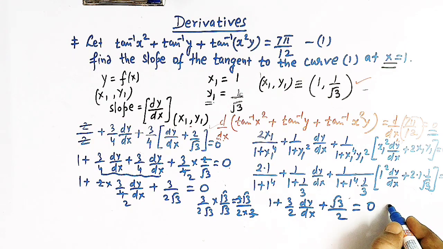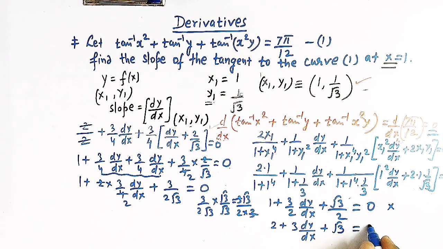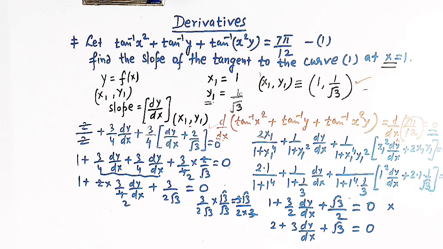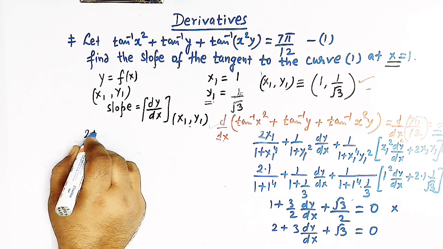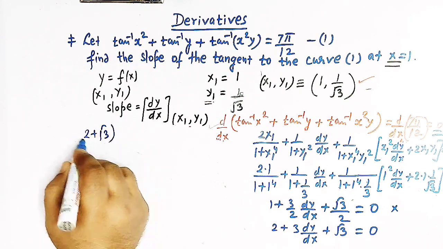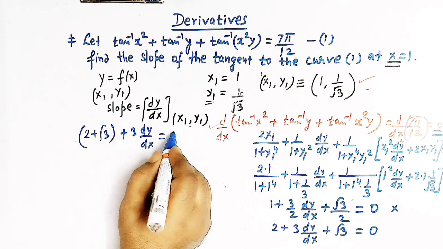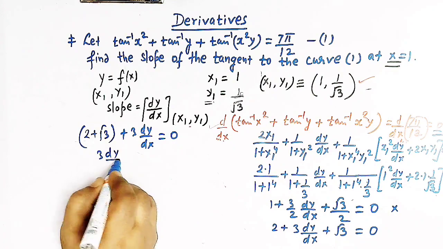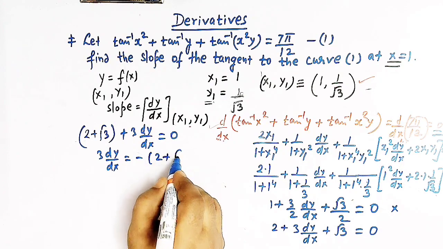Now multiplying this equation throughout by 2, we have here 2, then we have 3 times dy over dx, and here we have square root of 3, that is equal to 0. So now we can rearrange the terms. So we have 2 plus square root of 3 plus 3 dy over dx is equal to 0. So 3 dy over dx is equal to minus 2 plus square root of 3.